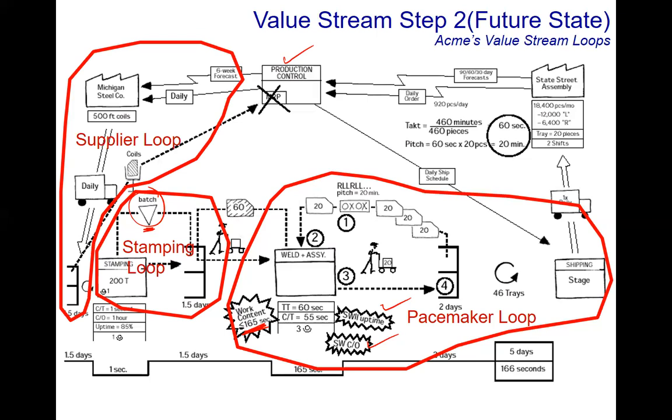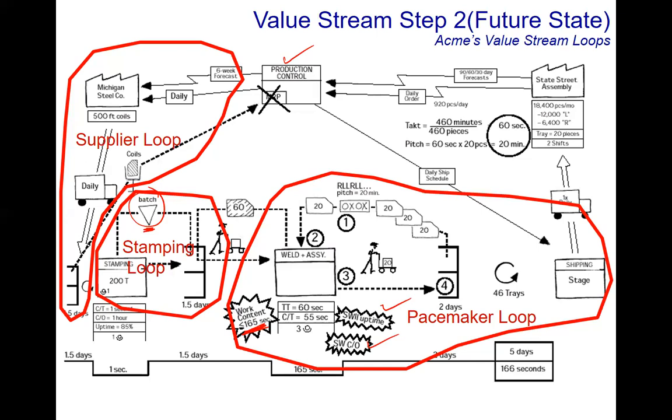So overall, these loops help us understand how we can manage different kinds of loops and manage the overall value stream, which can deliver much higher value addition than what otherwise was the case. So in this presentation, I discussed a way to create a future state map from a current state map.